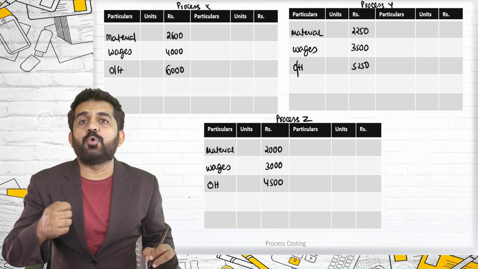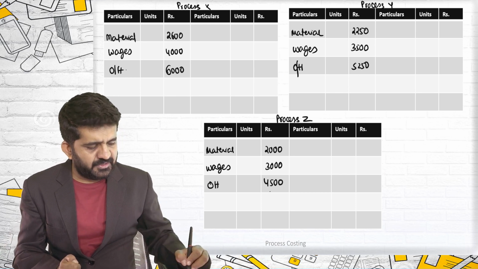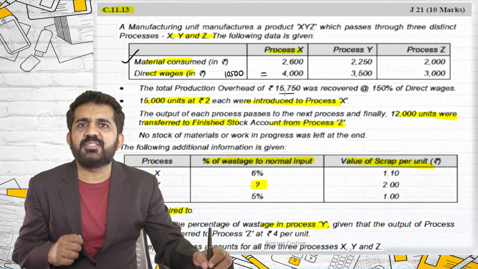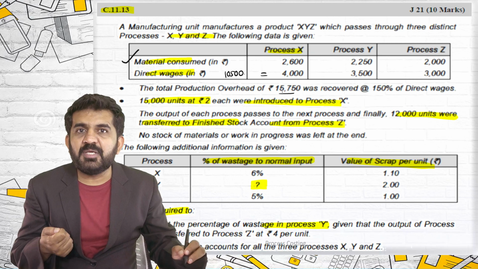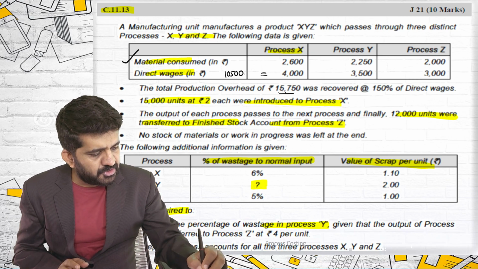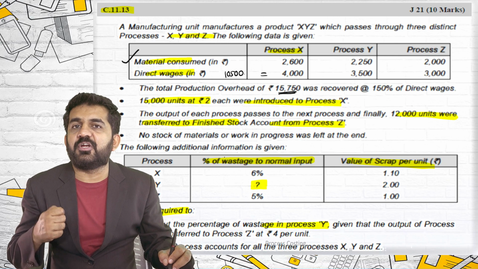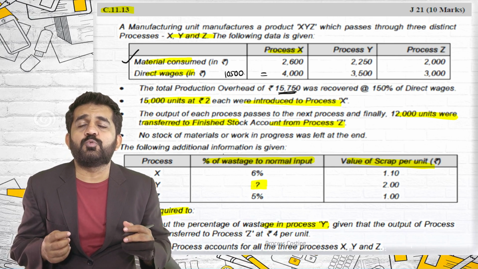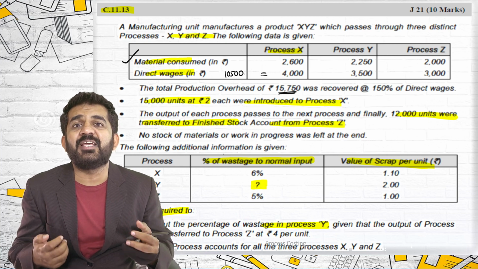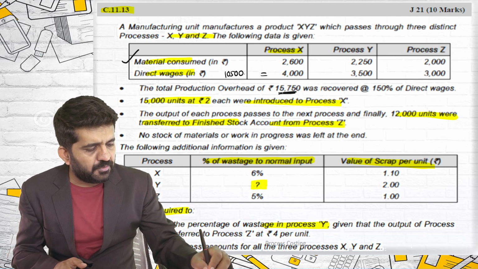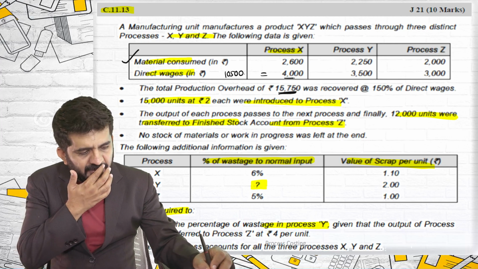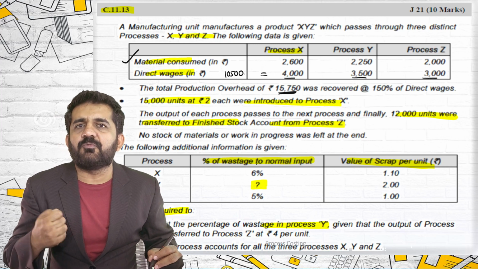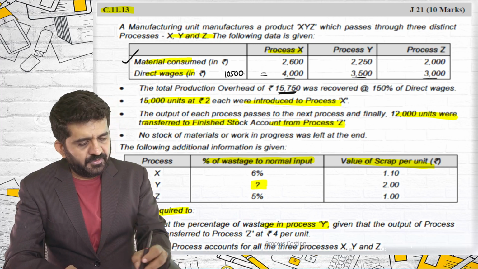Now if you see the total, 6,000 plus 5,250 plus 4,500 will be equal to my total overhead 15,750. What does this mean? If I distribute this 15,750 in some logical ratio, and what does the question say, the logical ratio is the wages percentage. So even if you distribute this 15,750 in 40:35:30, you will get the same answer. It is nothing but 150% of direct wages.